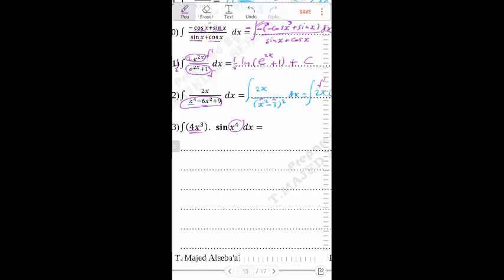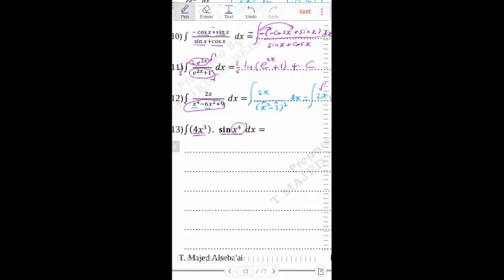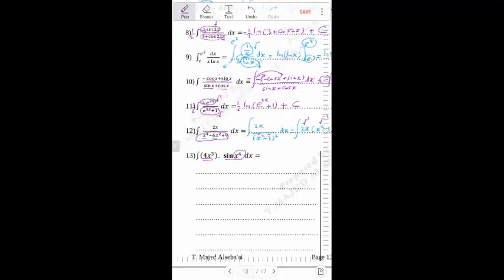But we have a problem. We have sine. What's wrong with sine? Here it's not a function and its differentiation. It is sine f, and f dash next to it. Right? How can I do that? I will use a new method that has a special name.